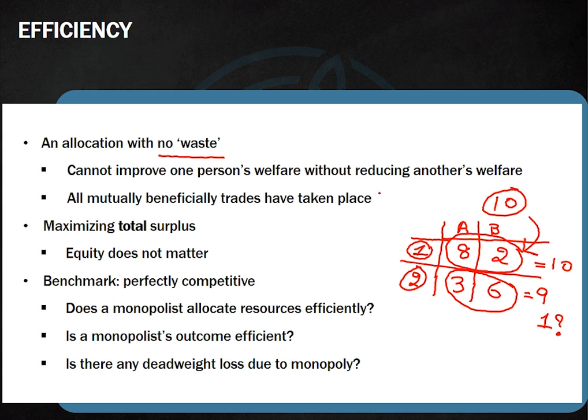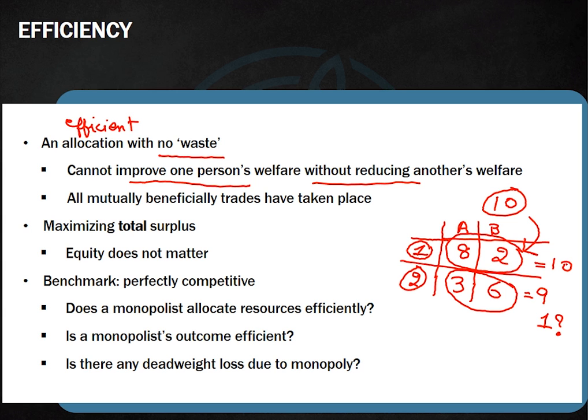So we define an efficient allocation as one in which there is no waste. An alternate way to say this is that if we are at an efficient allocation, then we cannot improve the welfare of one person without reducing another person's welfare.